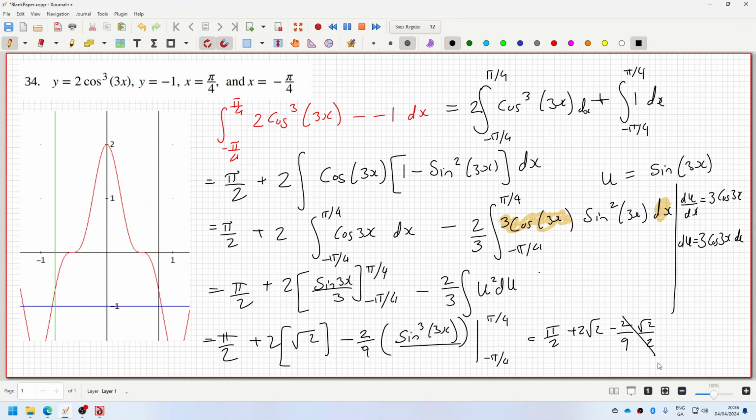So they cancel out. 2 root 2 minus 1 over 9 root 2. So I'm getting 17 over 9 root 2 plus pi over 2 as the final answer. Let me check the answer because this is a bit tricky of a question.